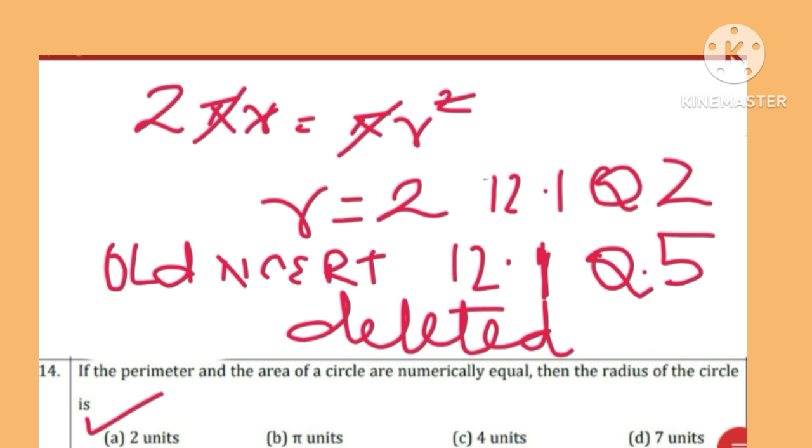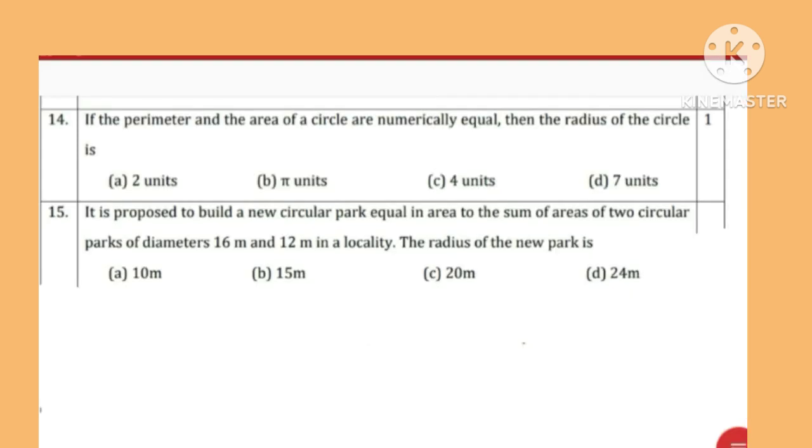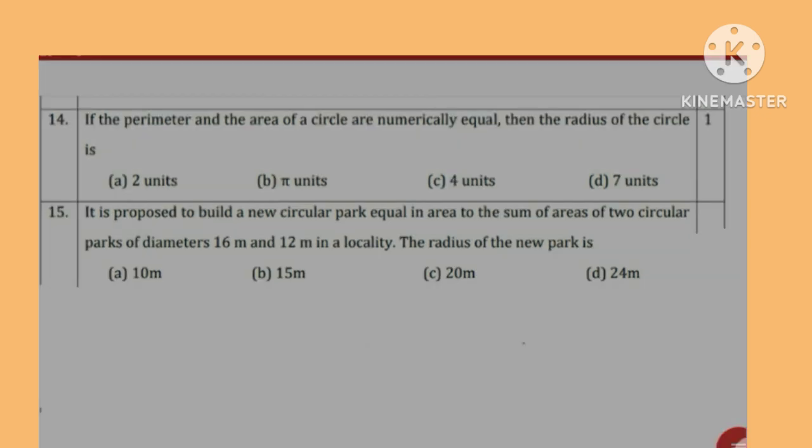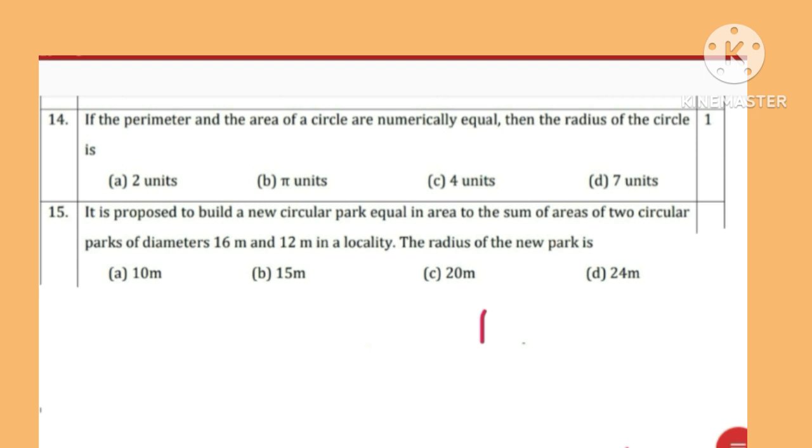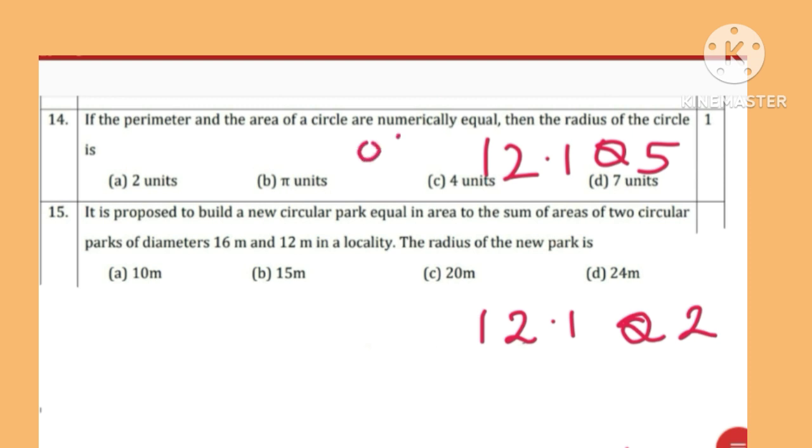उसके साथ भी ऐसी ही मुश्किल है थोड़ी सी. Let's see question number 15, which is same as NCERT 12.1 question number 2, right? अभी जैसा मैंने पिछले क्वेश्चन में डिस्कस किया, this was 12.1 question number 5, old NCERT, right?